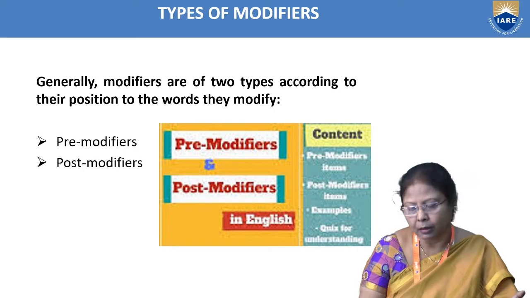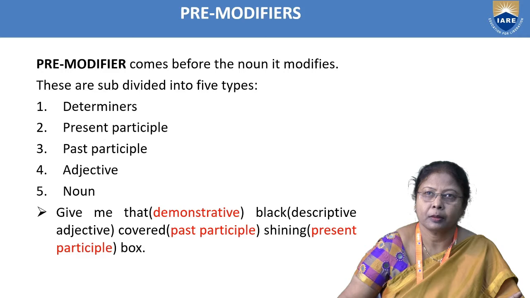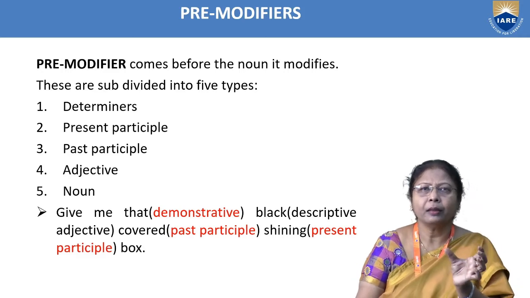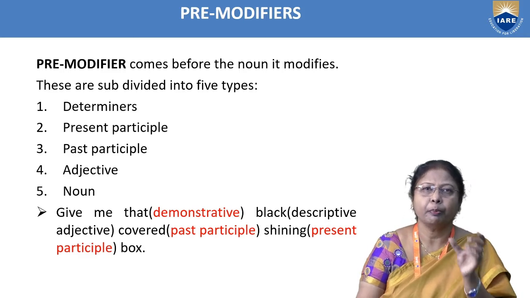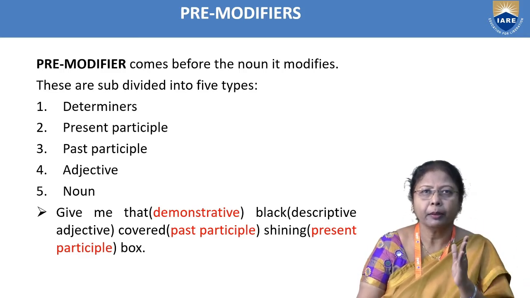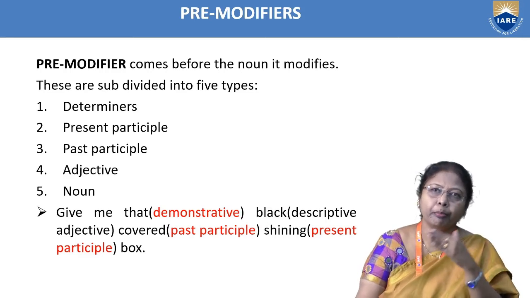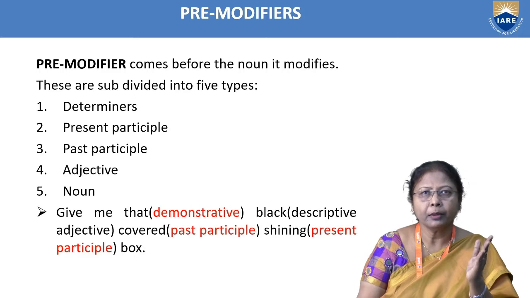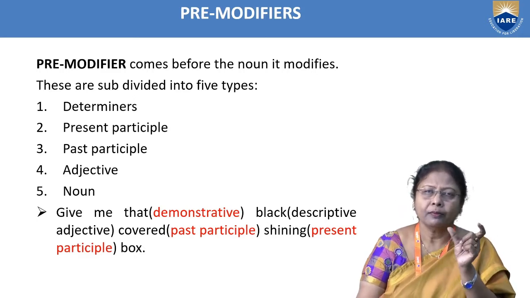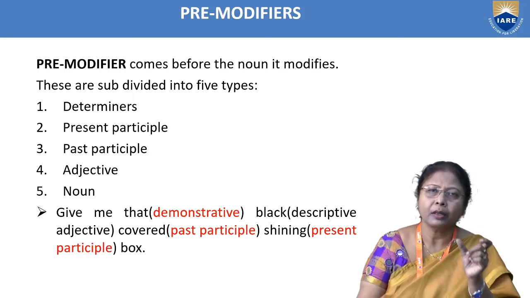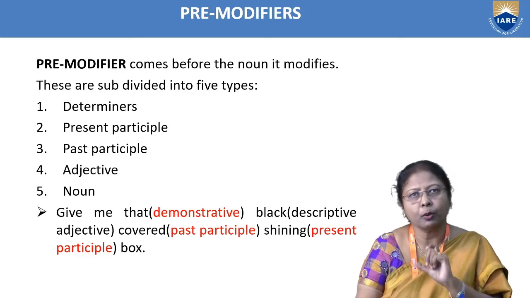Let us discuss in detail about pre-modifiers first. What are pre-modifiers? First of all, let us define pre-modifier. The word itself states it: pre means before, post means after. Pre-modifier means before the noun. Post-modifier means after the noun, after the word. So, the words themselves give a very clear meaning of what is pre-modifier and what is post-modifier.